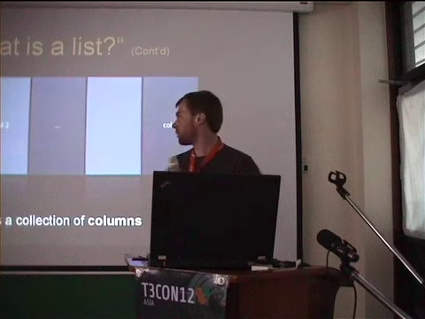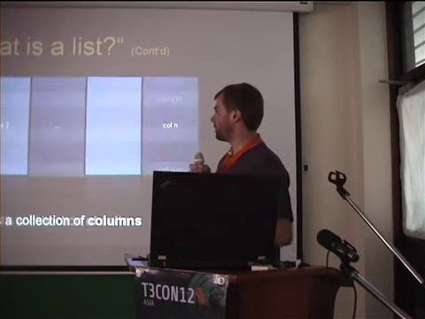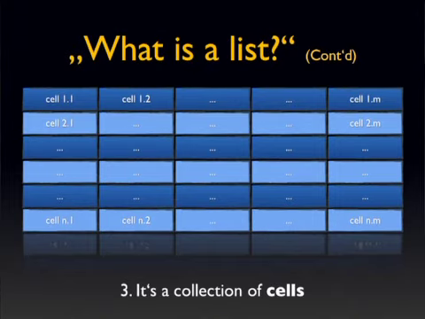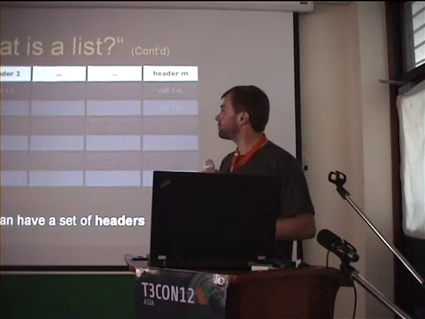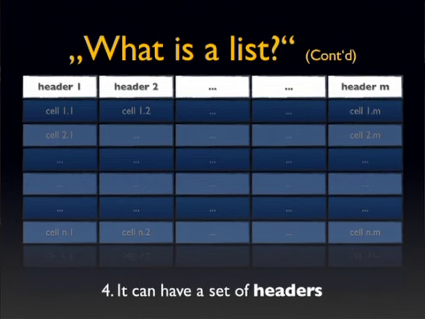And if you take those two parts together, you get something we call a cell. So rows are the horizontal part and columns are the vertical part, and taking both in one grid you have those cells. And sometimes you have something we call a header above the list to give some information on what is displayed in the list.